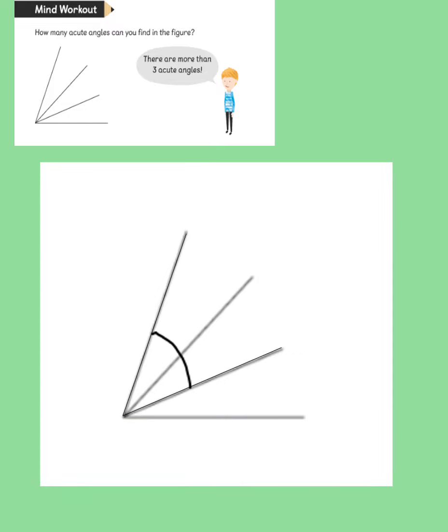Then there's the acute angle I've highlighted here, between the top line and the bottom middle line. And finally, the acute angle between the bottom line and the top middle line. Well done if you managed to find all 6 acute angles there.